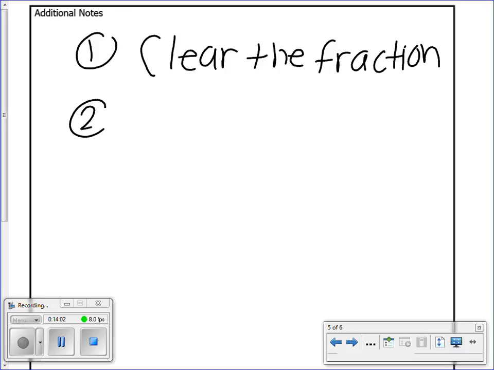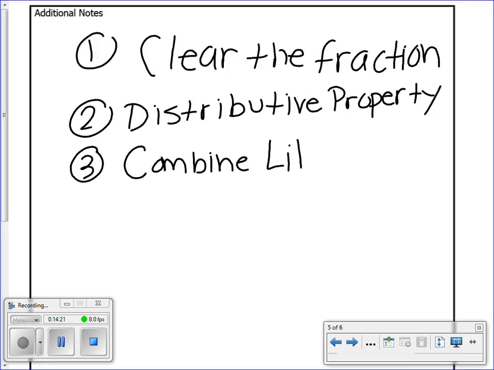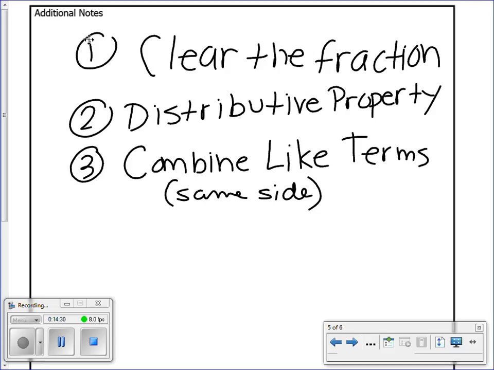Clear the fraction, distributive property, step 3 would be combine like terms on the same side. So I'm going to write that in parentheses, same side. Step 4 would be we want the letters on the left.